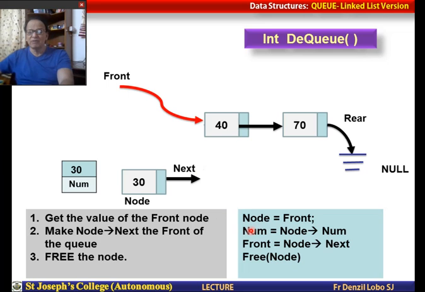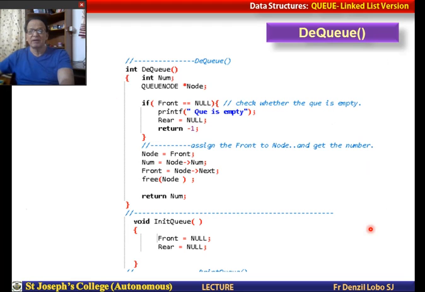So this is how: first assign front to the node, get the number on that node and put it there, and you return that number afterwards because you want to have that number. And you say front is equal to node next. It puts the address of the second node into the front and then it releases this node. So that is being done. So that is done here as you see.